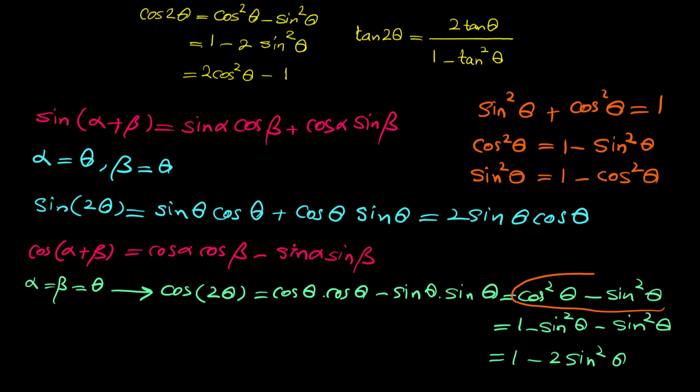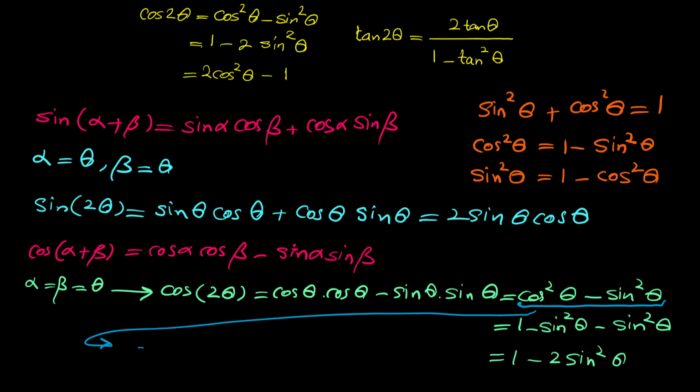Here again, in this formula, let's substitute this. Let's replace sine squared theta with 1 minus cosine squared. By doing this, this relation can be written in this form: cosine squared theta minus, we substitute sine squared with 1 minus cosine squared theta.